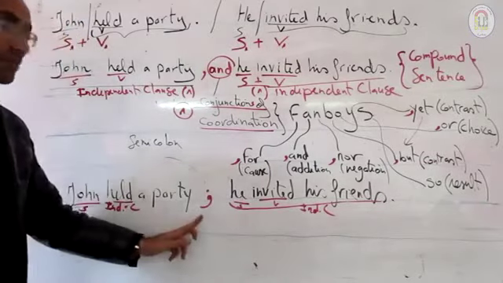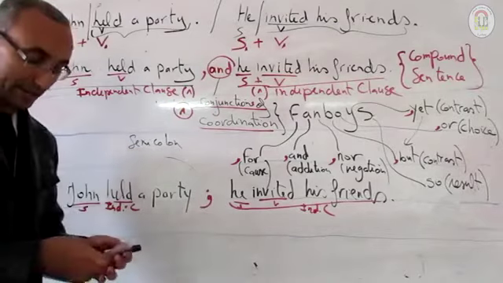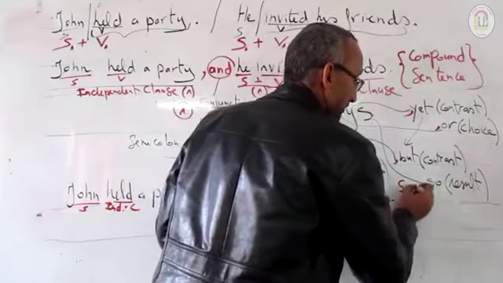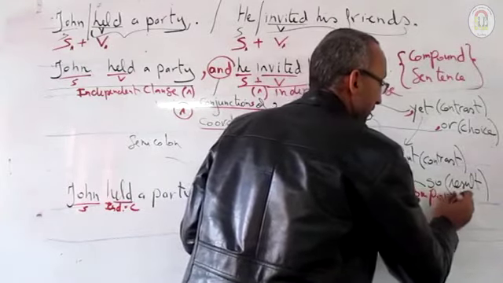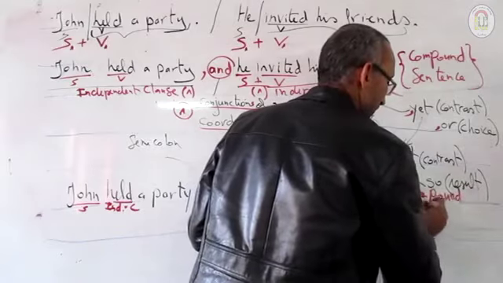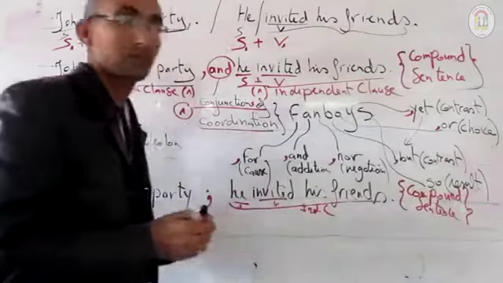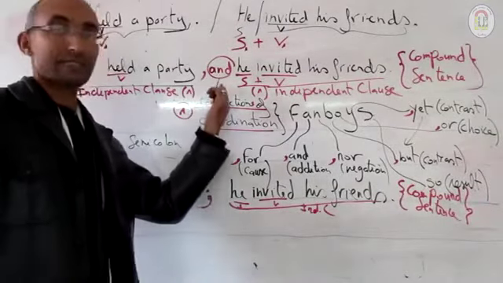So here is my second way of forming another, or second type of sentence, which is the compound sentence, always. The same type, but with different joining elements.